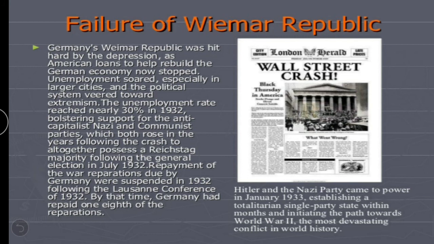The unemployment rate reached nearly 30% in 1932, bolstering support from the anti-capitalist Nazi and communist parties, which both rose in the years following the crash to altogether possess a Reichstag majority following the general election in July 1932.